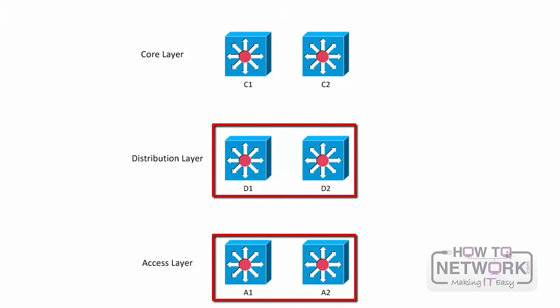So now, as you can see, instead of all of these separate physical switches, the network design is now two logical switches in the access and distribution layers. A1 and A2 are combined, D1 and D2 are combined, and they're connected by a single EtherChannel.